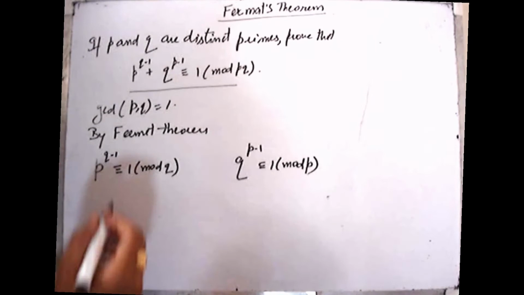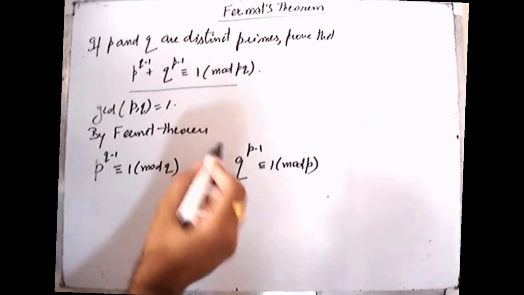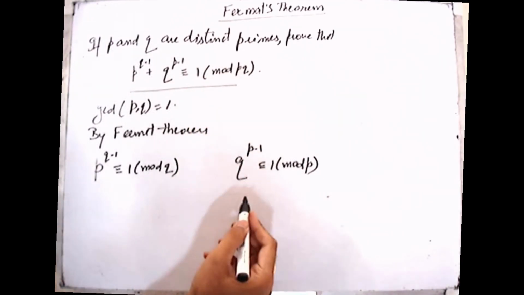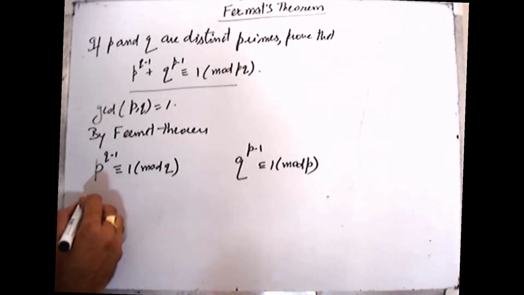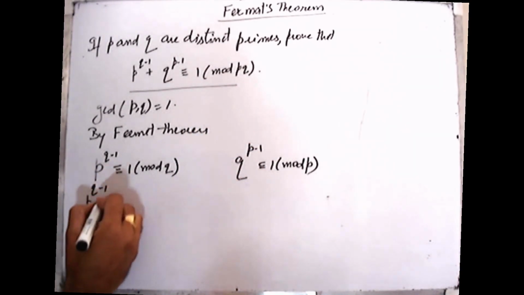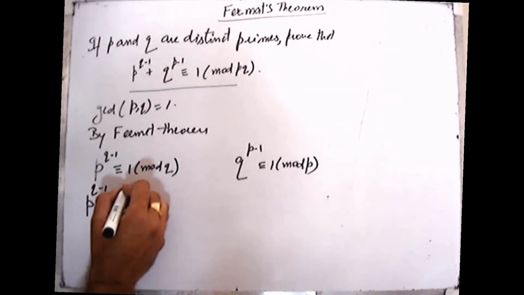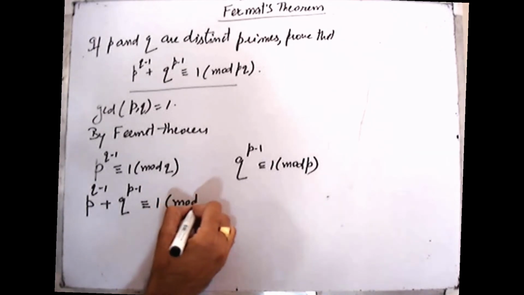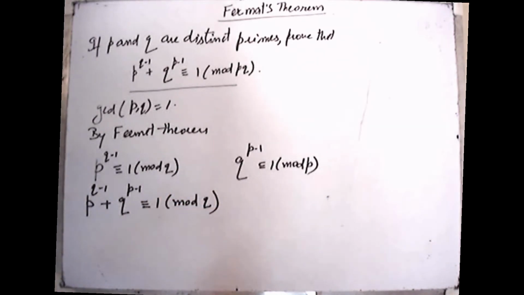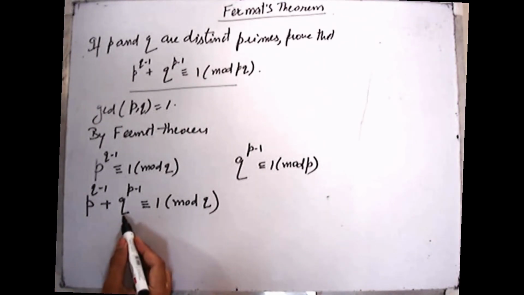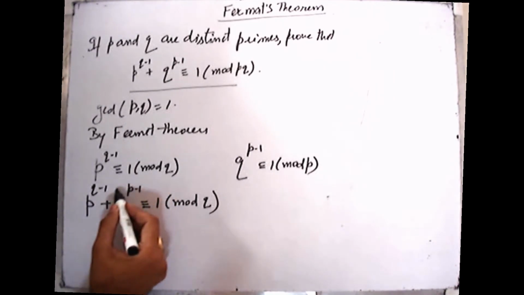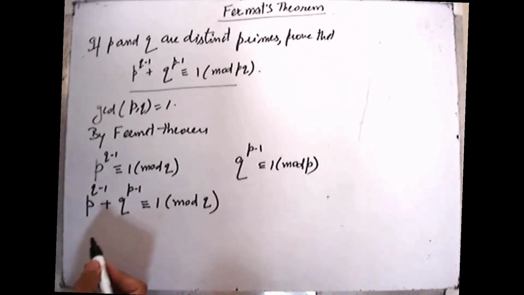So this is how we will get this. Now we need to prove this result for PQ. As in the previous numerical, we will prove this result for P and Q. So you see, very easily we will have P^(Q-1) plus Q^(P-1). Now you will be surprised, how can we write this? But it is very simple. Why? Because Q is congruent to 0 modulo Q. So actually this is 0, we are adding 0.